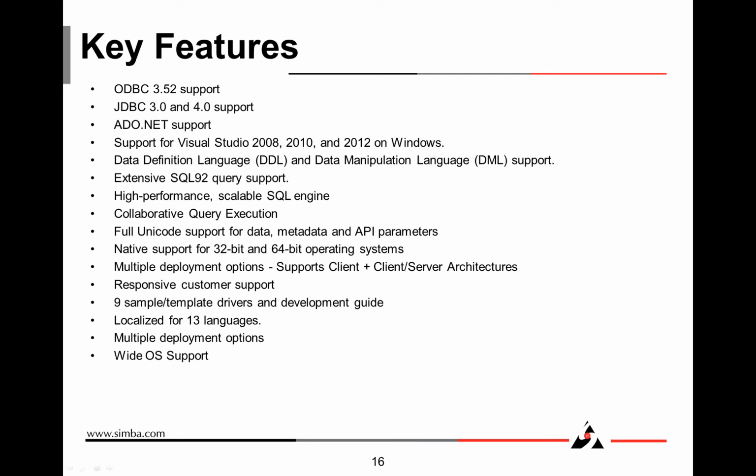There's data definition language and data manipulation language support, extensive SQL 92 query support, a high performance scalable SQL engine in there, so if you don't have SQL in your data store, the collaborative query execution, which I mentioned, full Unicode support for the data, metadata, and API parameters, and native support for 32 and 64-bit operating systems. So once again, if I want to deploy 64-bit on the server and 32-bit on the client, not a problem.